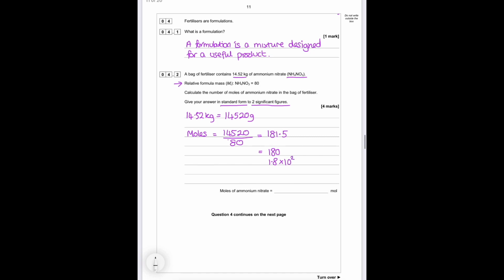And that is our answer in the correct way based on how the question asks us to represent it. So we would put 1.8 times 10 to the power 2. Now, if we did not convert this at the end and we got to here or here, we would probably lose 1 mark.